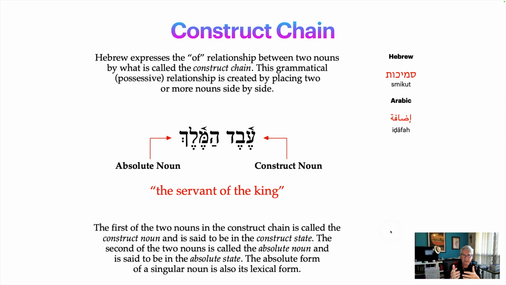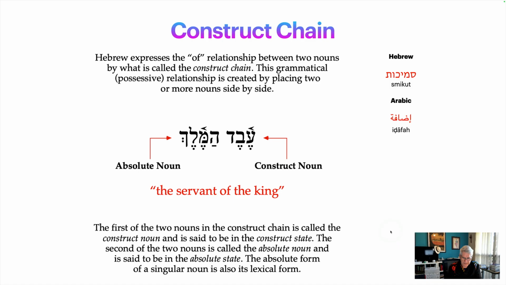We put two nouns together and we just know that when we say bus station, we mean the station that is there for the bus and for the passengers who are waiting to catch the bus. Okay. In this case, Eved HaMelech, servant of the king, or actually the servant of the king, but we'll talk about that in a moment.